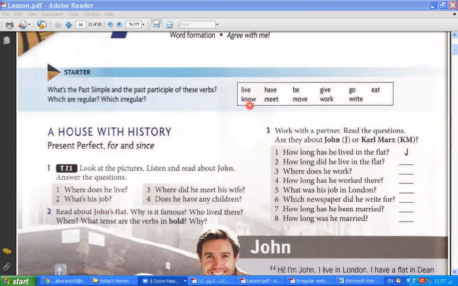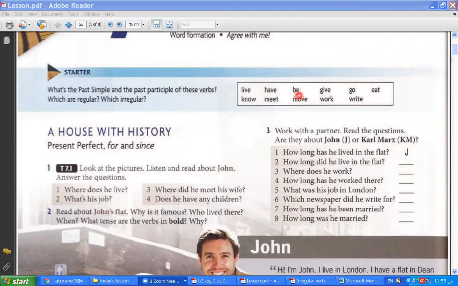Live. Lived, and lived. Great. Teacher, can I? Yes, Noor. Have, had, had. Great. Yes, Hani. Be. Was, were, been.